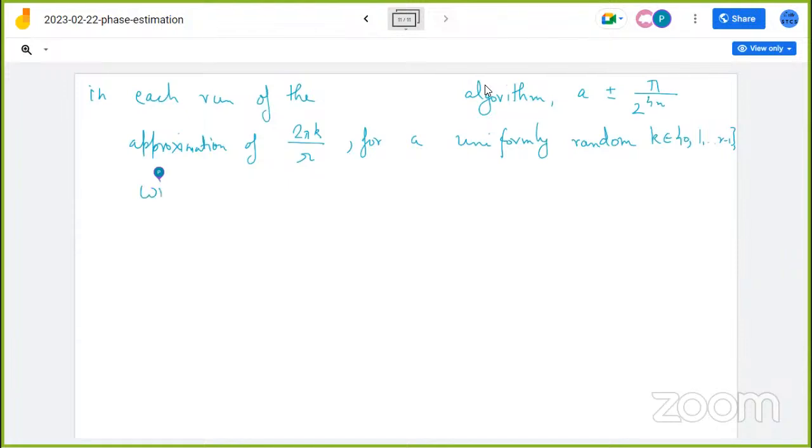Yes. So with this probability the algorithm succeeds, and if the algorithm succeeds, you get this.